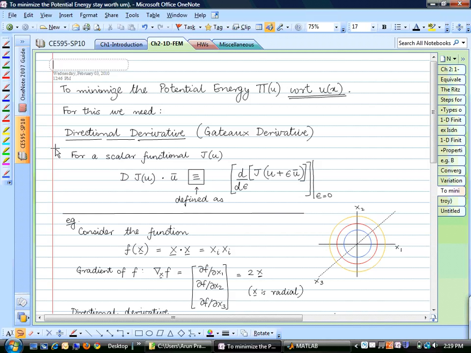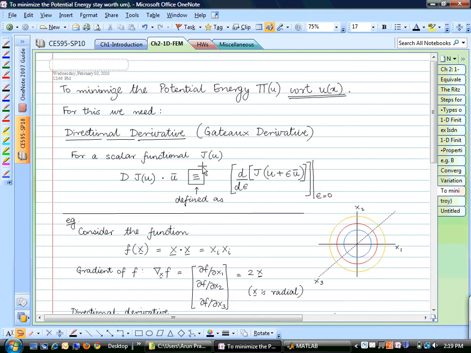How many of you have seen this directional derivative before? In mechanics? Okay. This directional derivative, which is also sometimes called a Gateaux derivative, helps you minimize a functional with respect to a certain function.